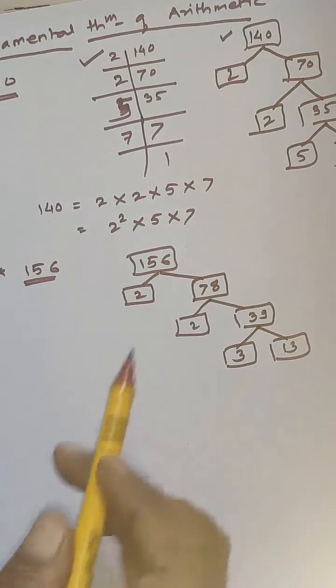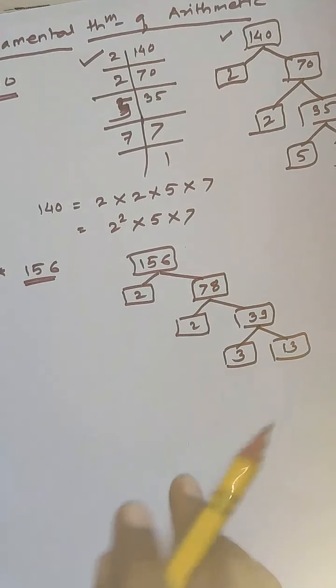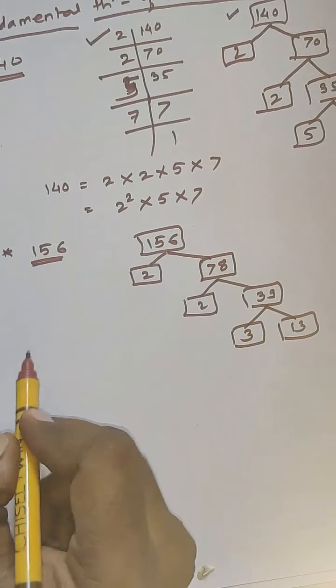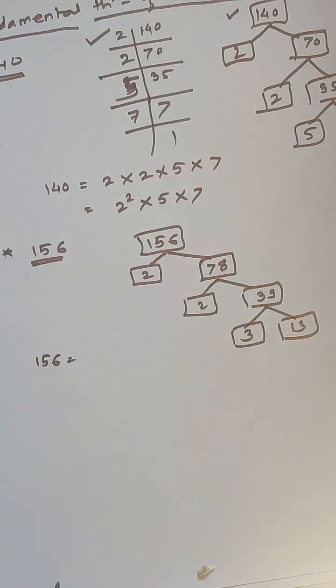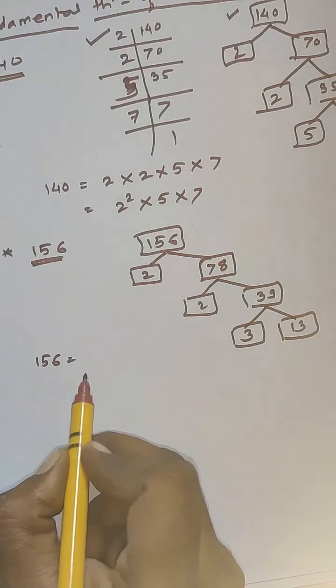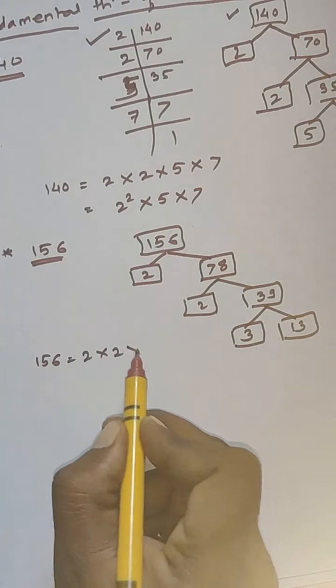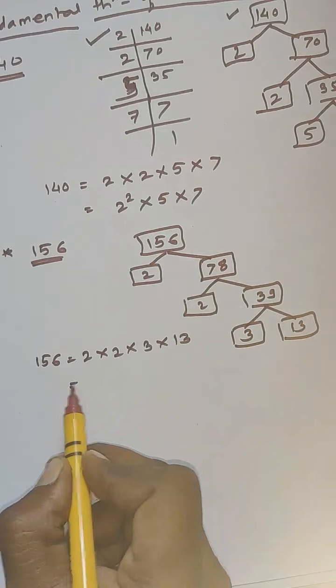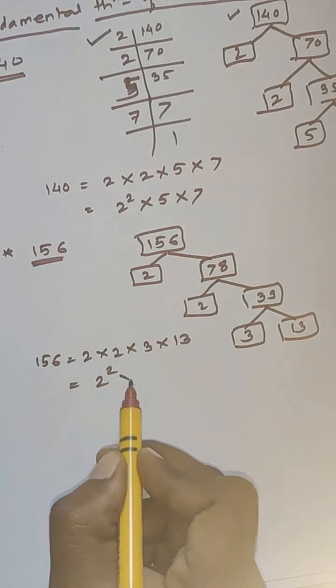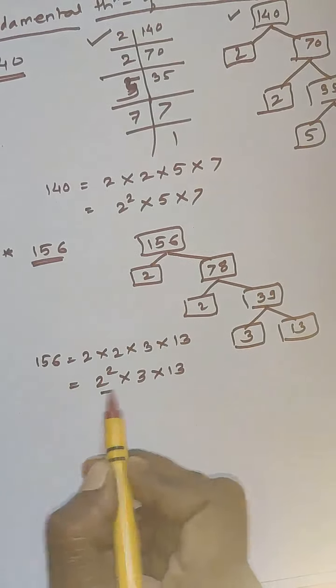So we got the factors 2, 2, 3 and 13. So 156 we can write as 2 into 2 into 3 into 13. 2 is there 2 times, so 2 square into 3 into 13.